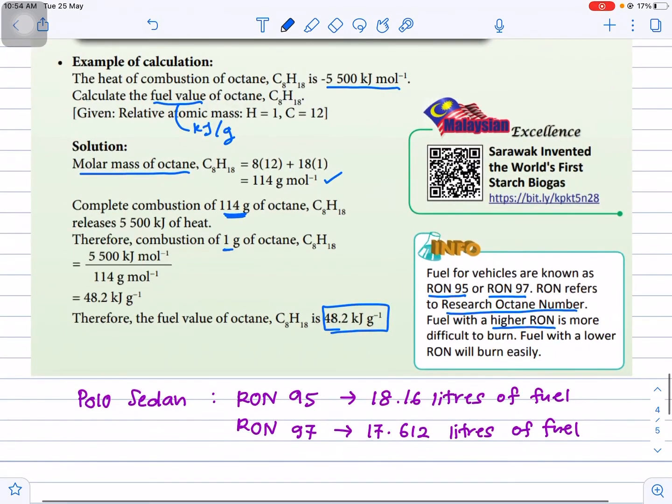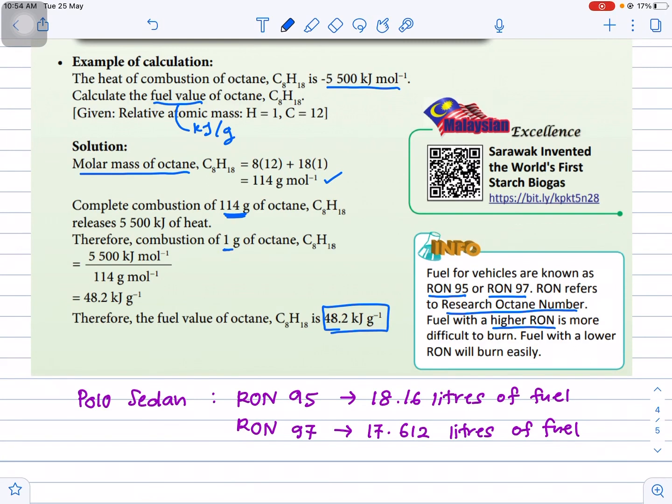For example, if we have a Polo sedan car, by using RON 95 I need 18.16 liters of fuel. If I use RON 97, I just need 17.612 liters of fuel. So if you look at this value, RON 97 needs only a little amount compared to RON 95.